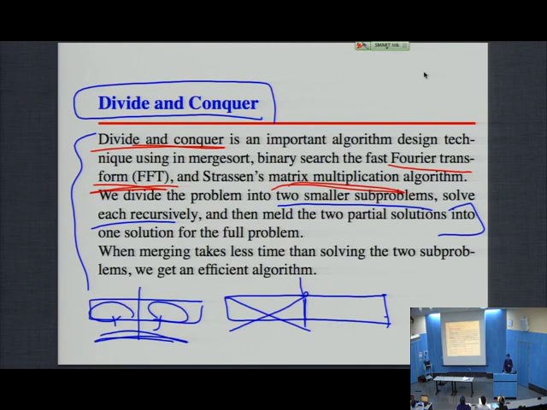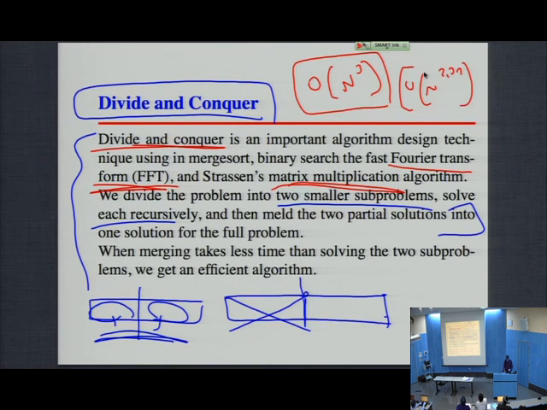I talked about matrix multiplication earlier. We showed that the standard way you learned in school was order n cubed, if you're multiplying two matrices that are n by n. In fact, there's a super fancy, complicated order n to the something like 2.37 algorithm based on divide and conquer.